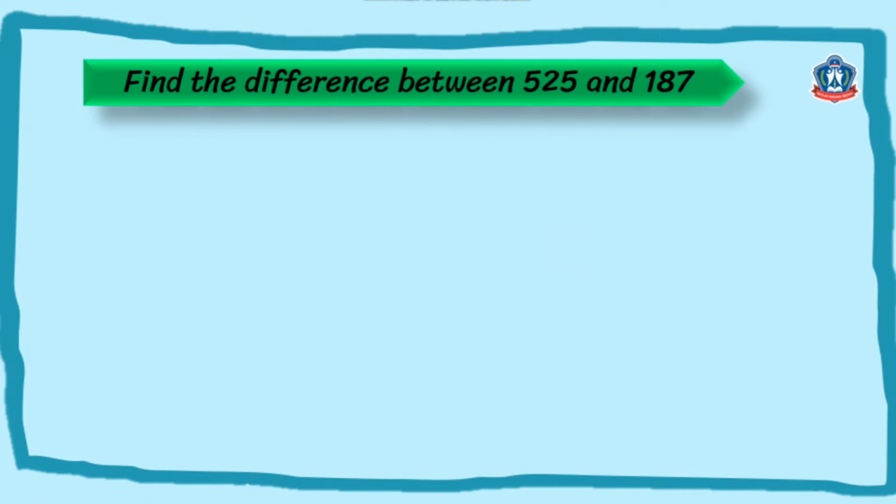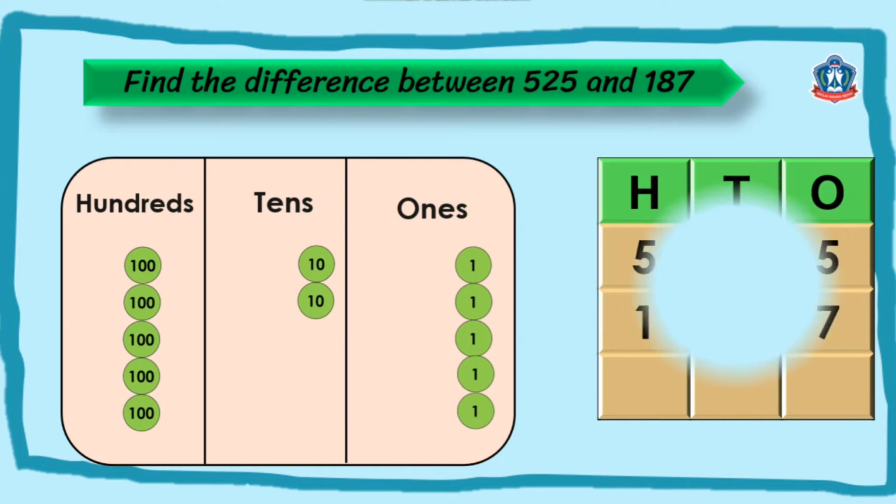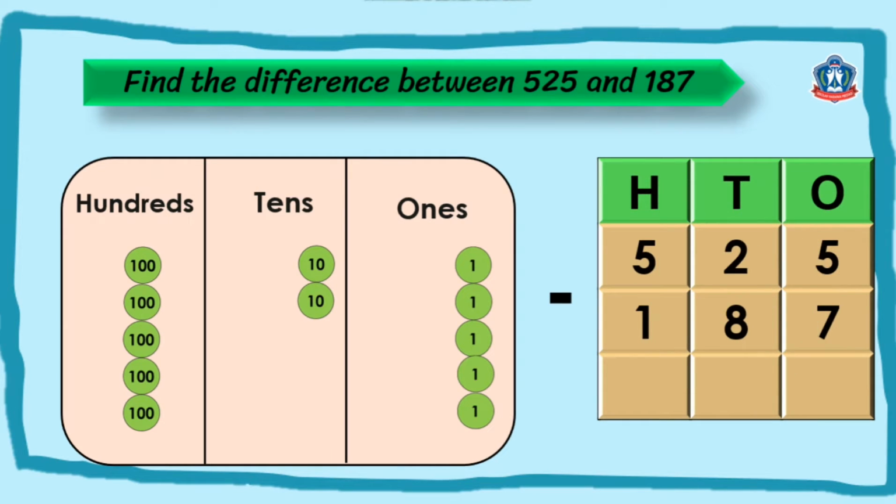Another problem. Find the difference between 525 and 187. Again, let's put our numbers in a vertical form. Make sure that you align the numbers in their proper place value. So we will start subtracting from the ones place. So we have 5 minus 7. We cannot subtract 7 from 5 because 7 is bigger than 5.